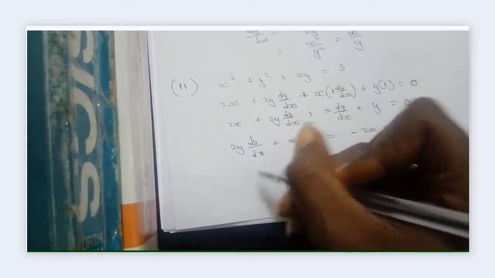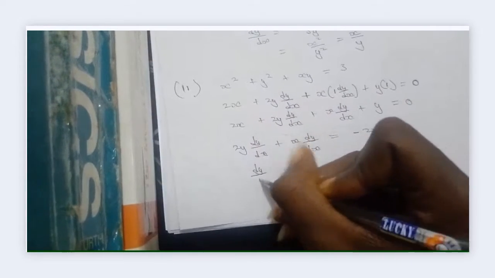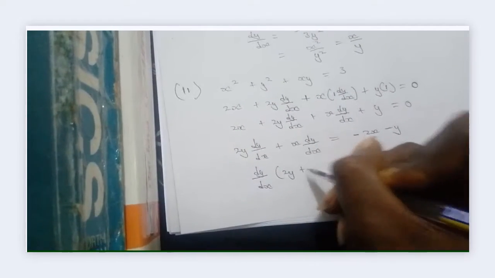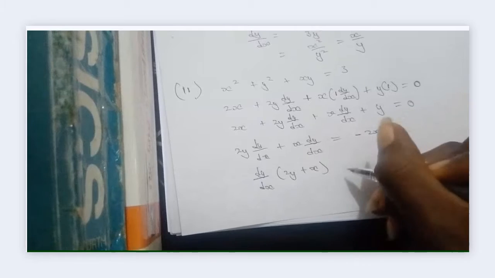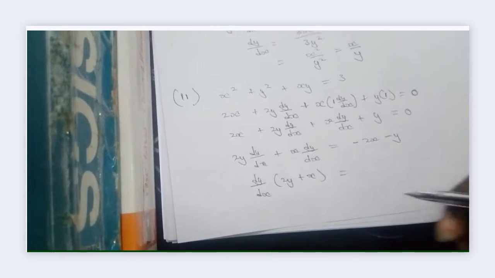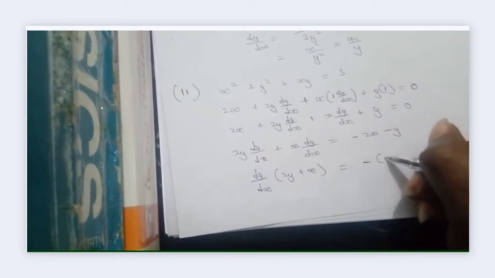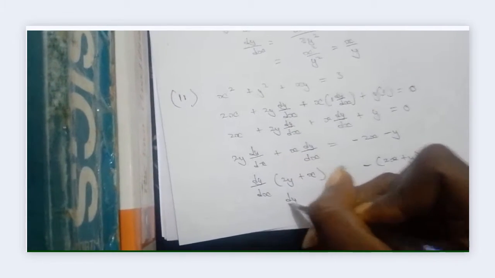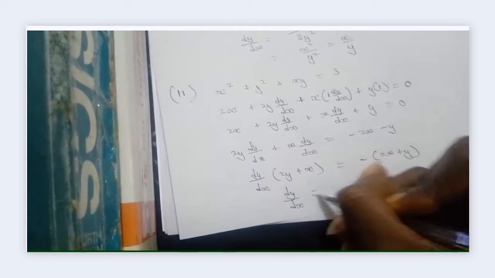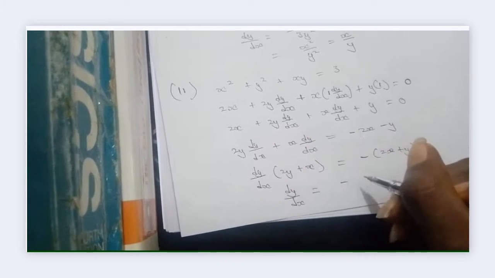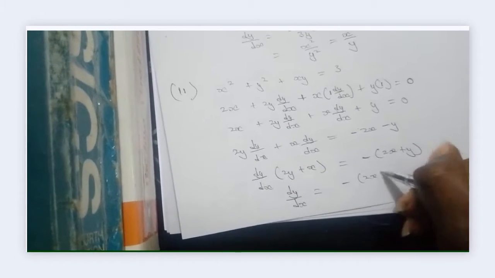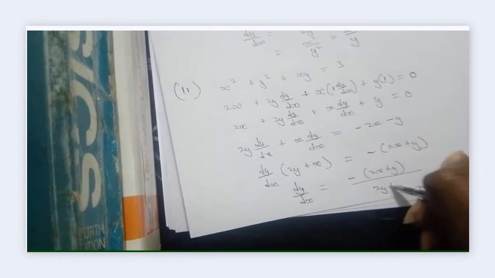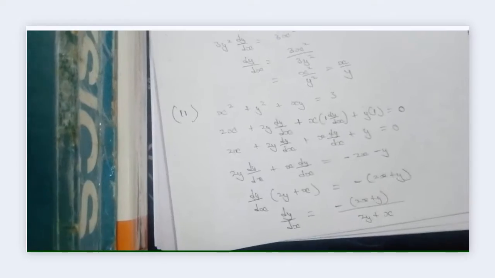Then factorizing dy over dx, you have dy over dx times (2y plus x) equals minus (2x plus y). Then our dy over dx will be minus (2x plus y) over (2y plus x). So that's our final answer.